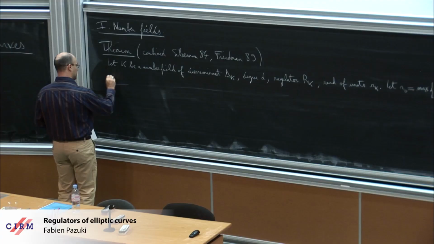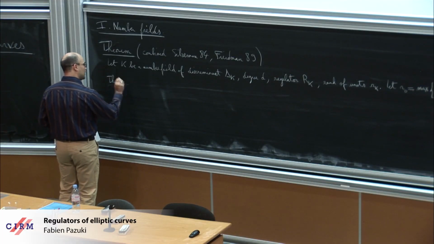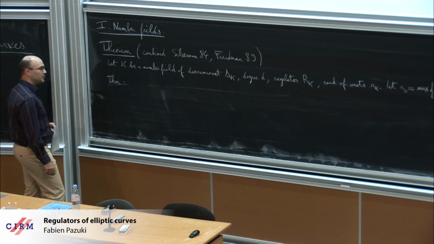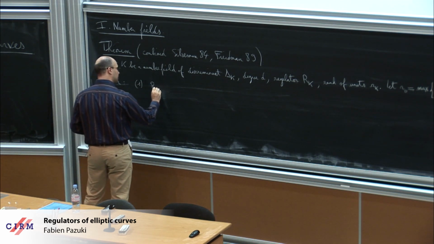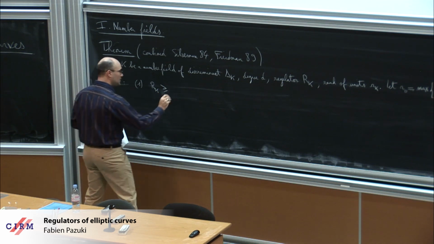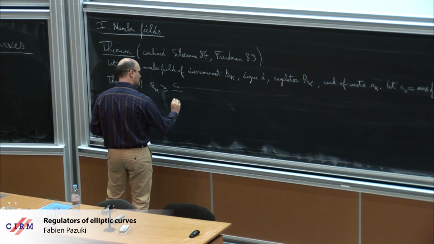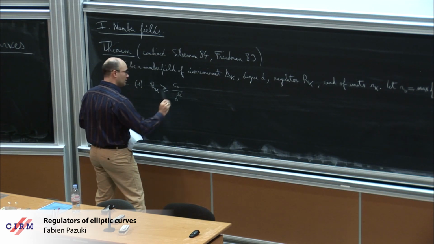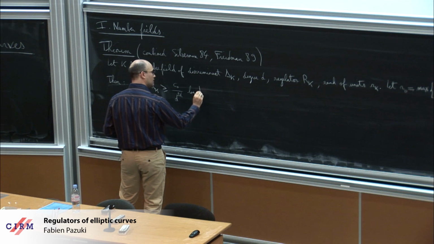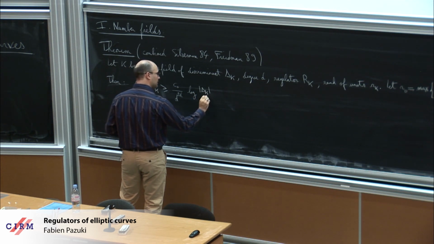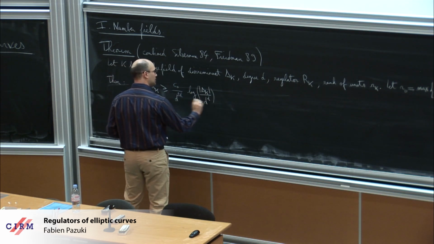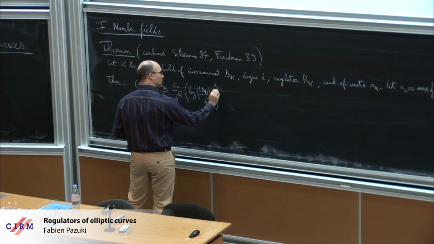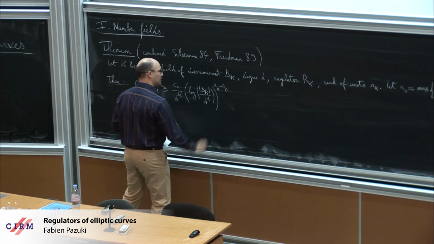Then we have 2 inequalities. So the first one is the regulator is bounded from below by the following expression: delta K over d to the d, to the power r_K minus R0.